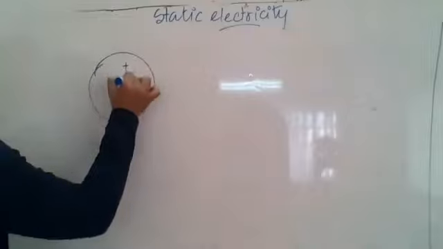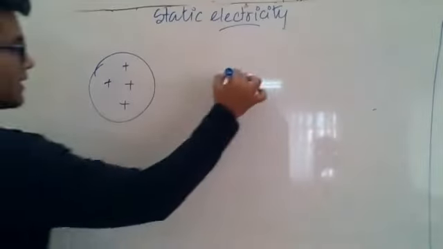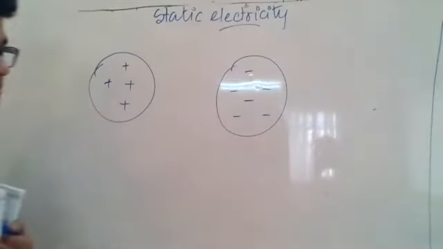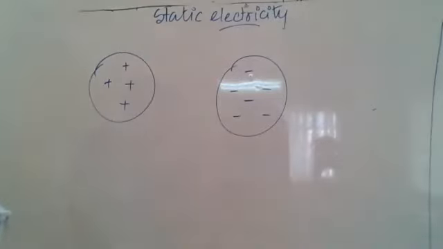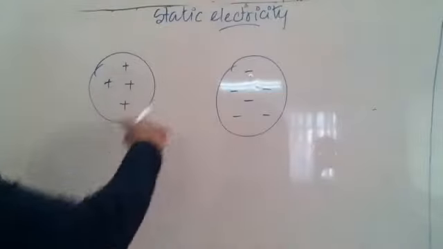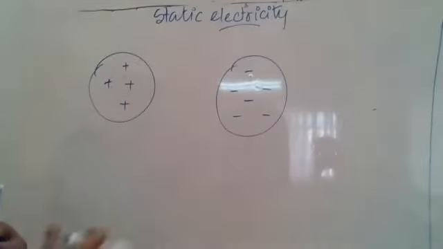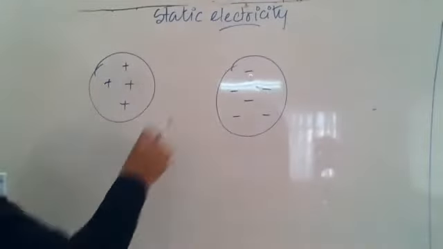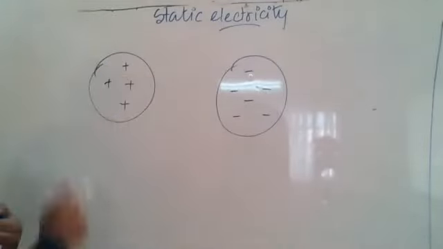Let us say I have a body here with positive charges and a body here with negative charges. We know that the bodies will attract each other, but there will be no movement of electrons. The electrons will be static, saved here, and it will be like this forever.